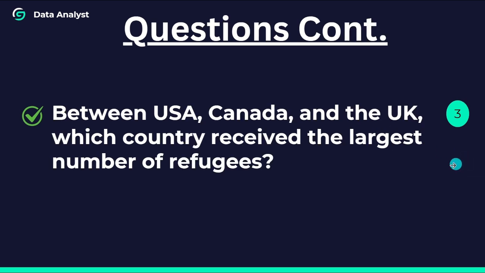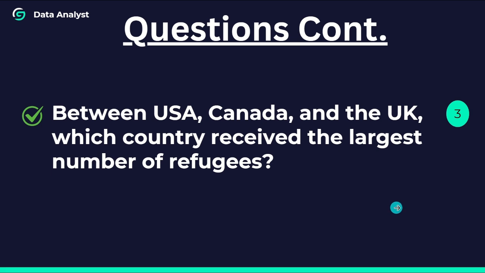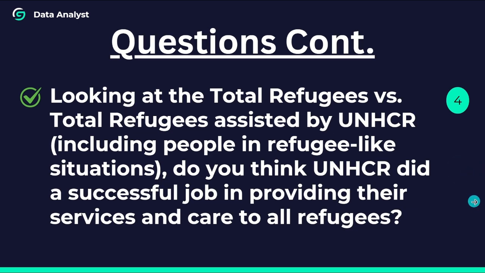Question number 2. Question number 3: between USA, Canada, and the UK, which country received the largest number of refugees? Question number 3, looking at the total refugees versus total refugees assisted by UNHCR, including people in refugee-like situations, do you think UNHCR did a successful job in providing their services and care to all refugees?